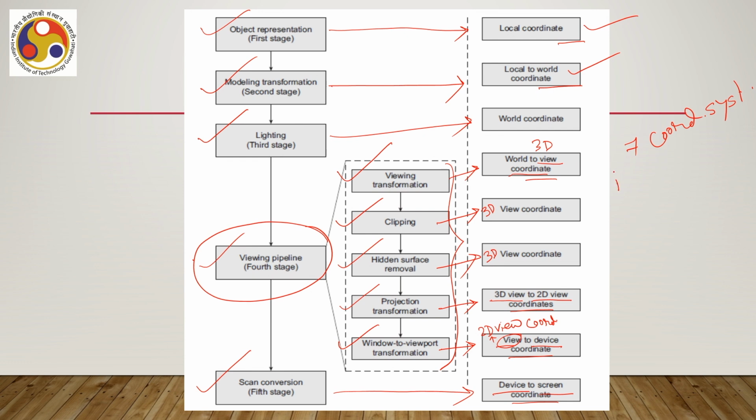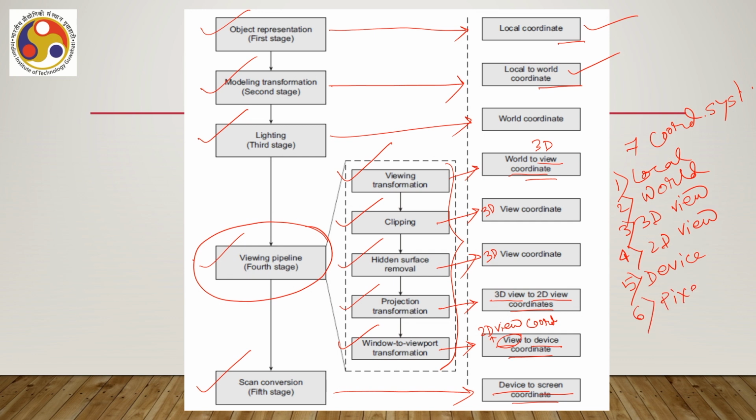Again, just to recap, one is the local, then world, then 3D view, then 2D view coordinate system, then device coordinate, finally pixel grid or screen coordinate system.